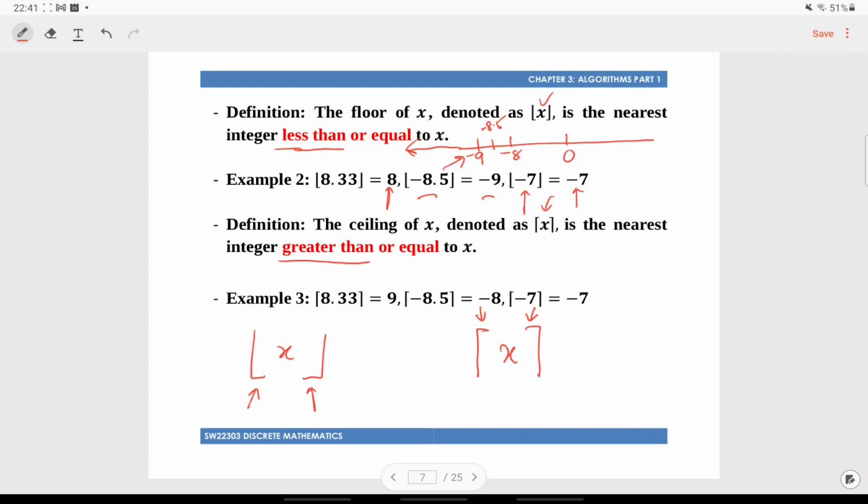Again, for any integer, the ceiling of that integer is the original integer. The ceiling of negative 7 is equal to negative 7.